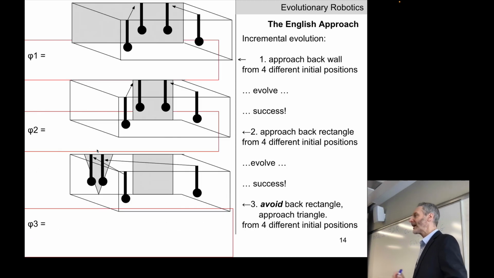It was a visual recognition task. So they actually had a black triangle and a black square, and they could place it on the inner wall underneath the table. And they wanted to evolve the robot that would move away from squares or rectangles and towards triangles. Relatively simple task, yeah?